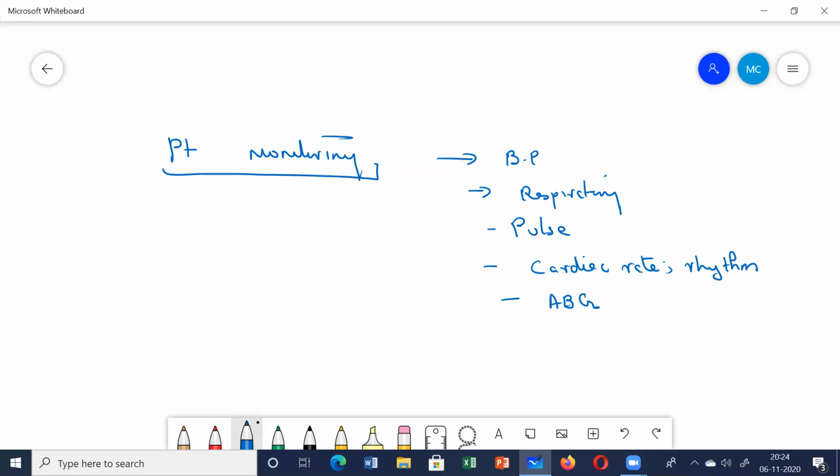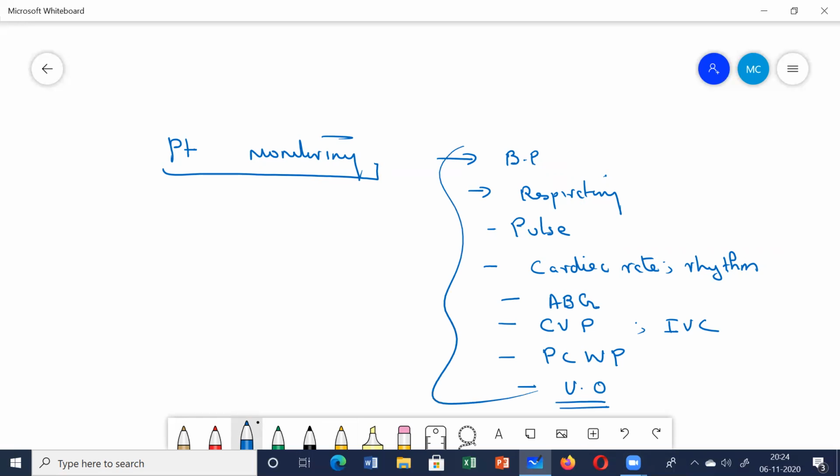Do the ABG, arterial blood gas analysis, look for the pH, look for the correction of acidosis. Look for central venous pressure monitoring, or the inferior vena cava diameter, and the pulmonary capillary wedge pressure in case of cardiogenic shock using a Swan-Ganz catheter. You monitor the urinary output. These are the different things you are supposed to monitor.